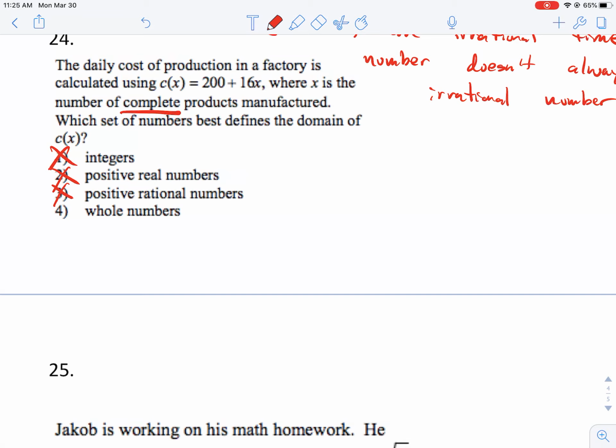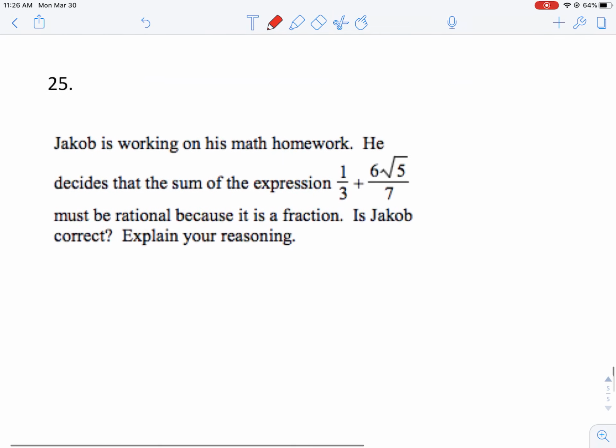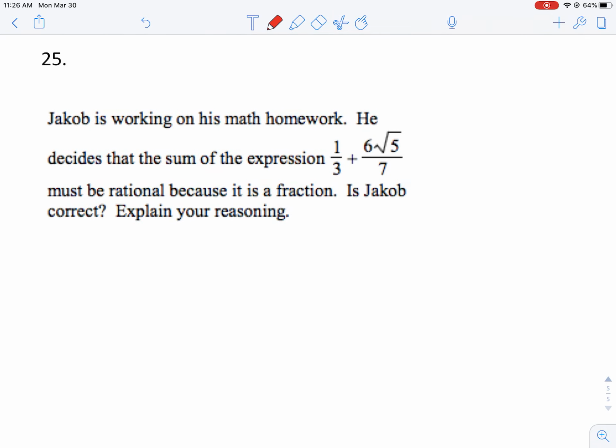Because when we're talking about complete products manufactured, we don't want to include fractions of a product. It says complete, okay, complete products, which means, okay, I like the fact that it says positive, but when you include all reals or rational numbers, we're talking about decimal numbers, and we don't want decimal numbers. We want whole numbers. Okay, so our answer to number 24 is 4.